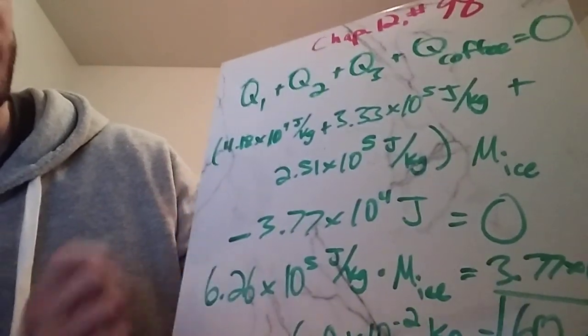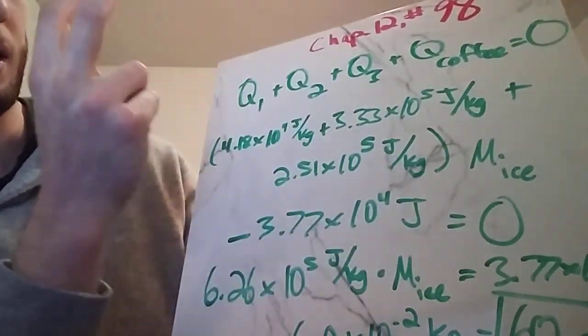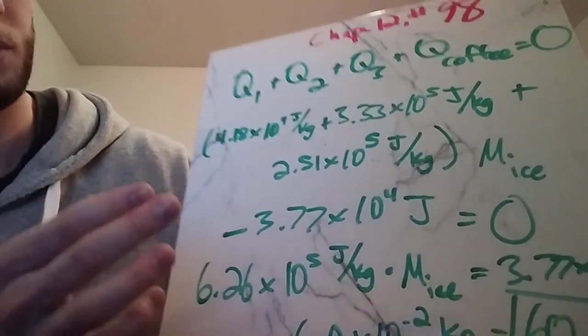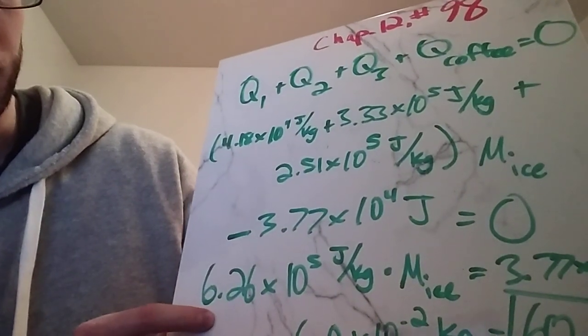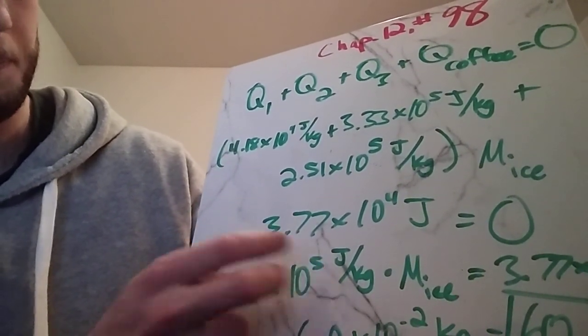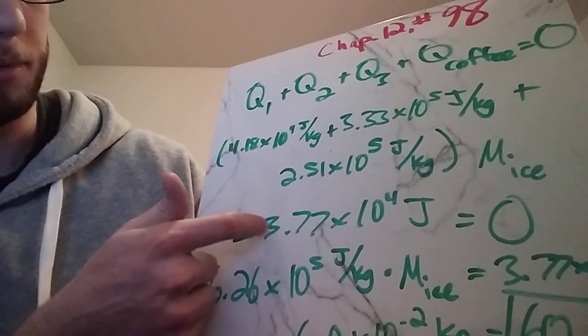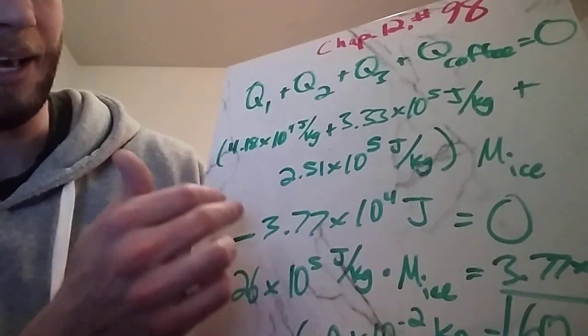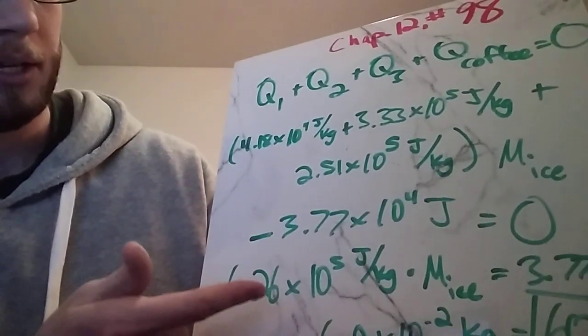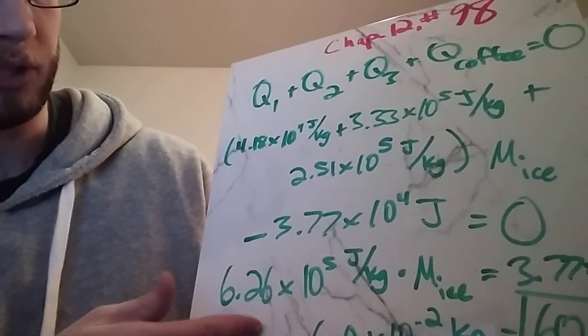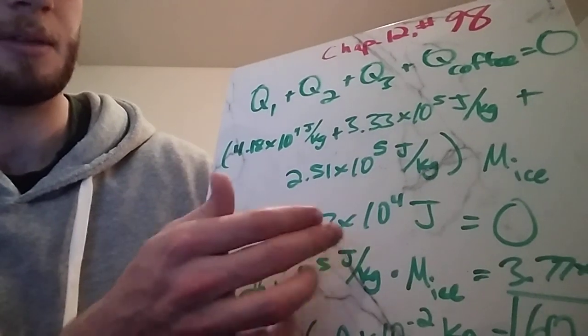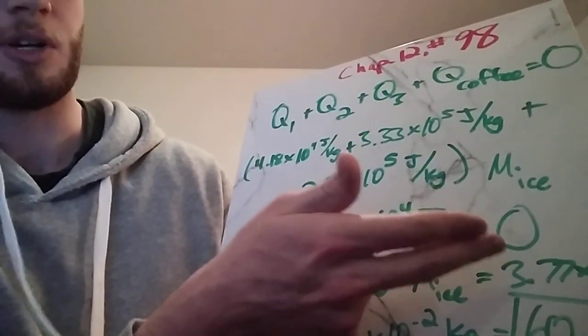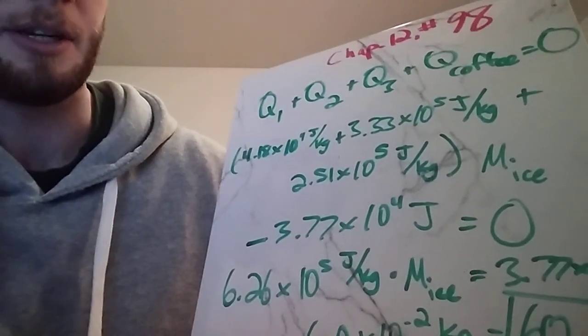Now, when we algebraically combine the three Q1, Q2, and Q3 values, we come up with 6.26 times 10 to the 5th joules per kilogram. I then went ahead and added the 3.77 times 10 to the 4th to the other side in one step, and so we end up with the 6.26 times 10 to the 5th joules per kilogram times the mass of ice is equal to that Q coffee, the 3.77 times 10 to the 4th joules.